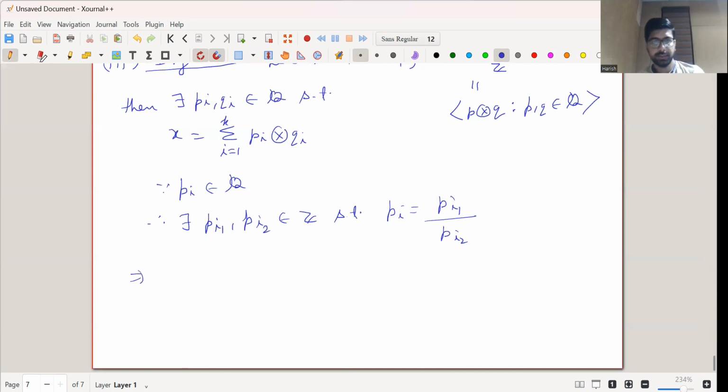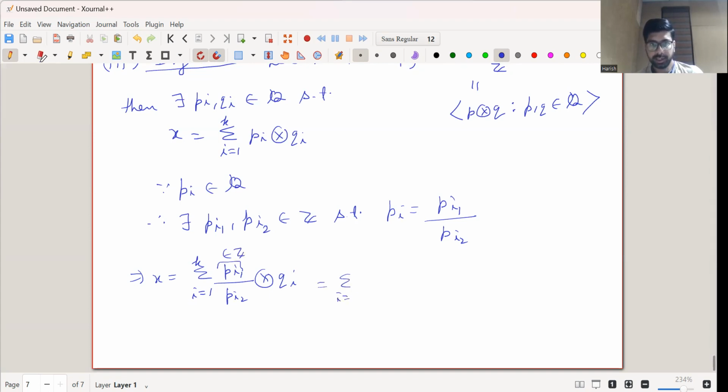This implies x is the summation of i equal to 1 to k of p_i1 over p_i2 tensor q_i. Now we have the underlying ring to be Z, and this p_i1 is inside Z. So we can shift this p_i here in this way.